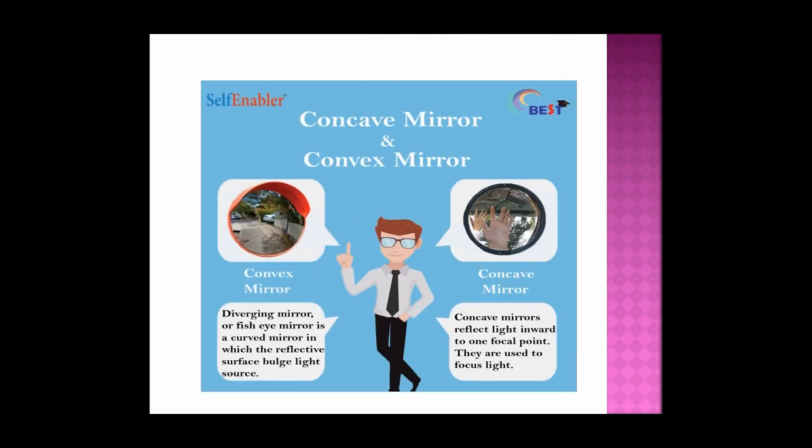A concave mirror and a convex mirror are different in features. The convex mirror is considered a diverging mirror, and the concave mirror in your previous lesson is considered a converging mirror.